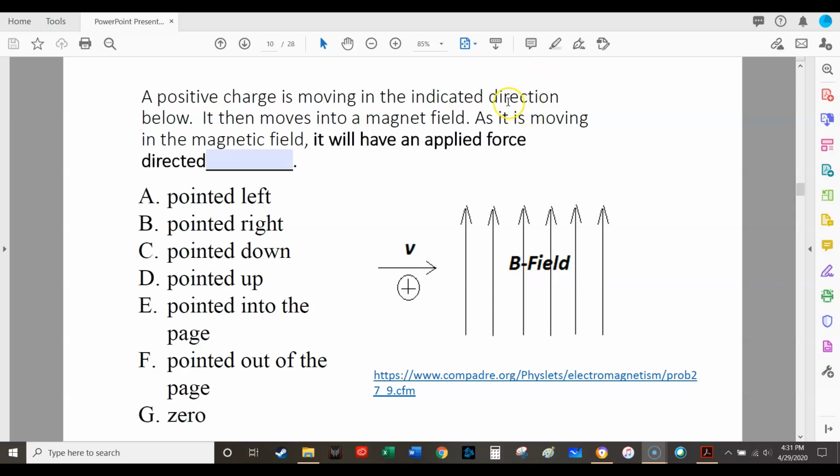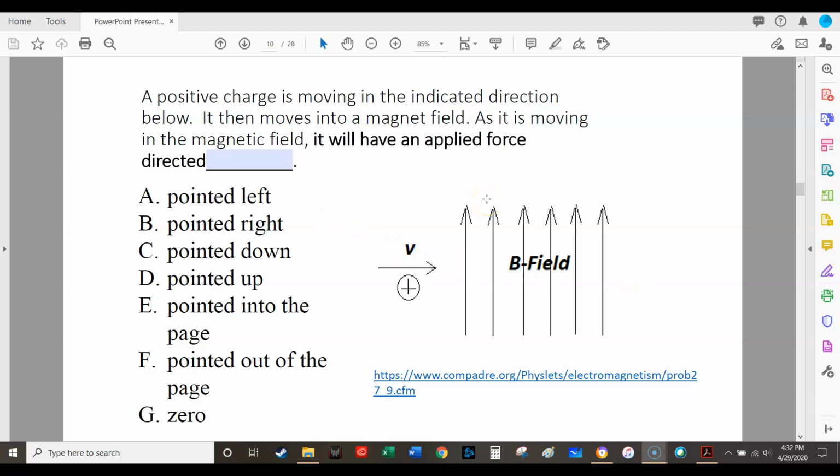As it is moving in this magnetic field, what direction will the magnetic force be applied? Will the magnetic force be pointed to the left, right, down, up, into the page, out of the page, or will no magnetic force come out of this? So go ahead and pause the video and try to figure this out, okay?